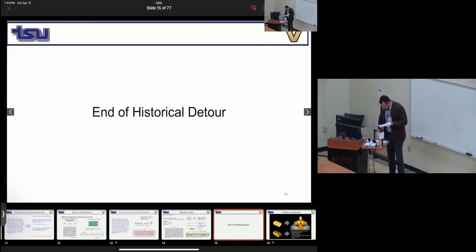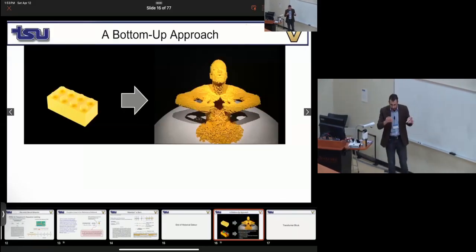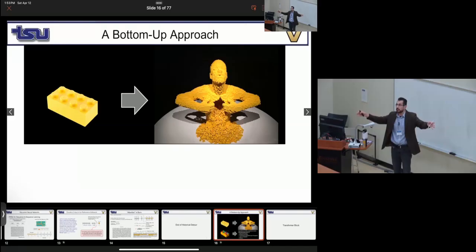So now I want to start talking about a transformer block. My approach towards this session is a bottom-up approach. What I mean is I'm going to create different components first carefully, and then I'm going to use those different components to create the gigantic model, which is the transformer model. I usually use this figure in my deep learning classes to talk about a perceptron that you saw this morning, a neuron, and how a deep neural network is a combination of a lot of those neurons.